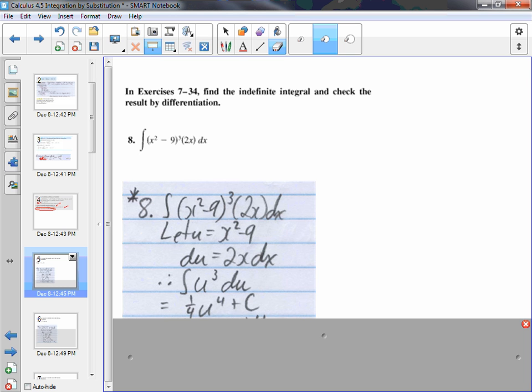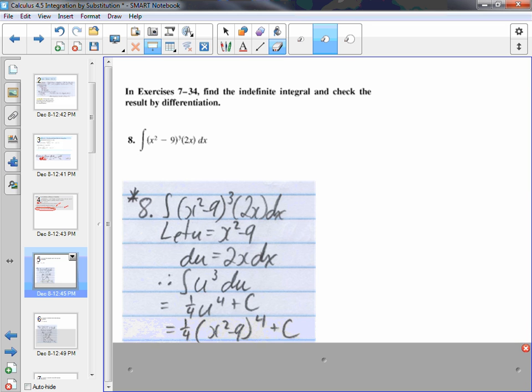But our original problem is a function of x. It's an integral in terms of x. Our answer needs to be a function of x in terms of x. So, guess what you do? You substitute again. You replace u with what it equals. And what does u equal? x squared minus 9.